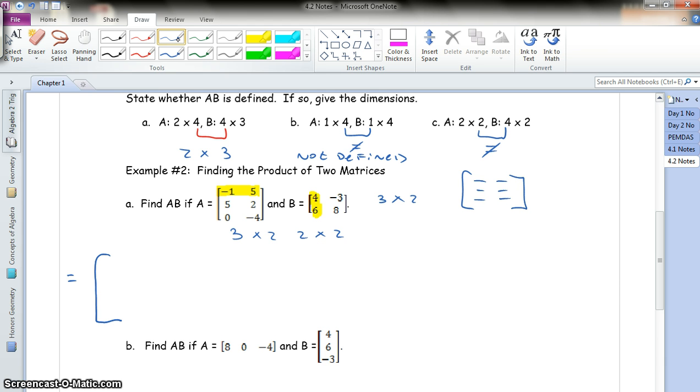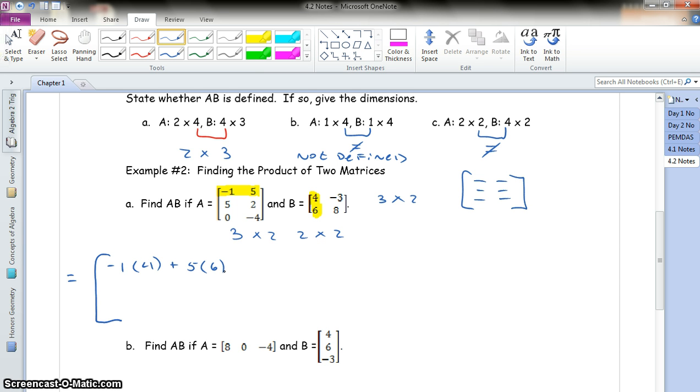I'm going to take my first entry, which is -1, and multiply it by the first entry in the other column. So 1 times 4, and then I'm going to add it to my second entry multiplied by the second entry in the column. So row by column, row by column.